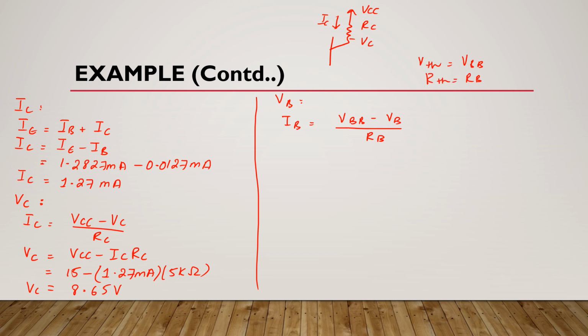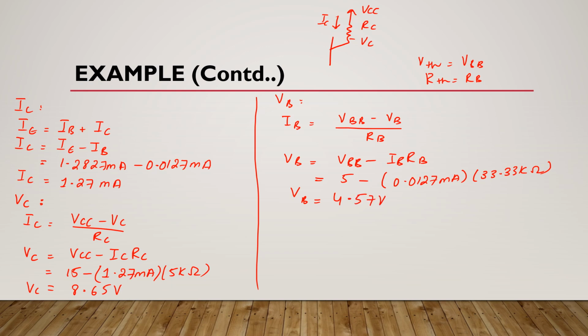So if we rearrange this equation, we get VB is equal to VBB minus IB RB. Here VBB is 5 volts minus IB, which is 0.0127 milliamperes, and RB is 33.33 kilo ohms. So after solving this, you will get VB is equal to 4.57 volts. Okay.